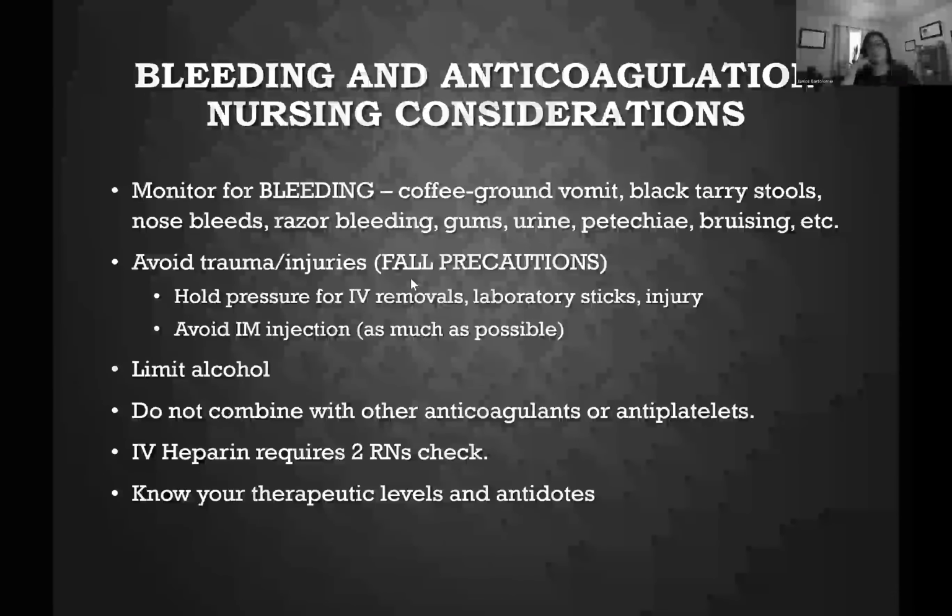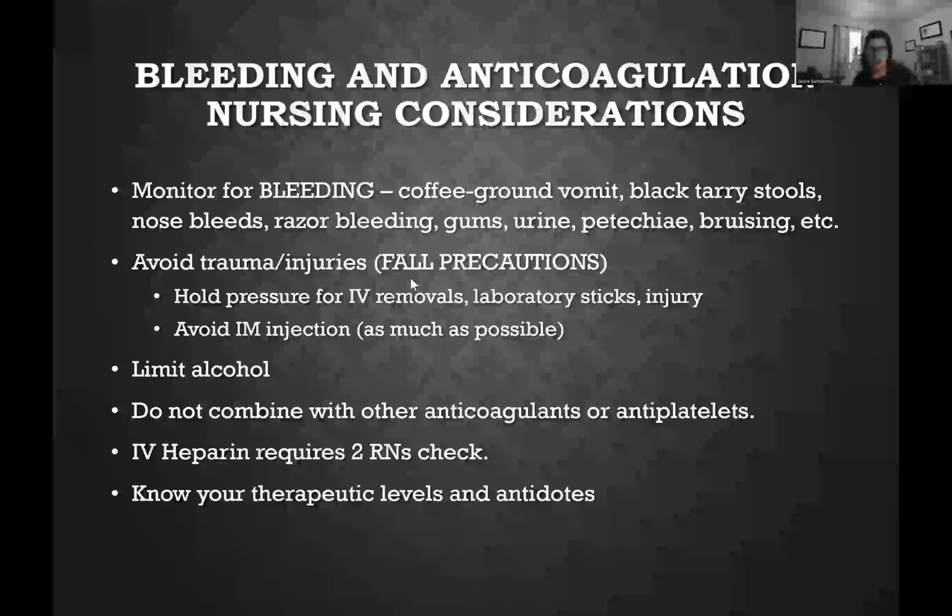Limit alcohol. Try not to combine them with other anticoagulants or antiplatelets, although I've seen it where, if they're bridging to get that therapeutic level, or if, let's say, we have a severe cardiac patient that is at high risk for clots, they might give them a little baby aspirin, 81 milligrams, and then an anticoagulant.